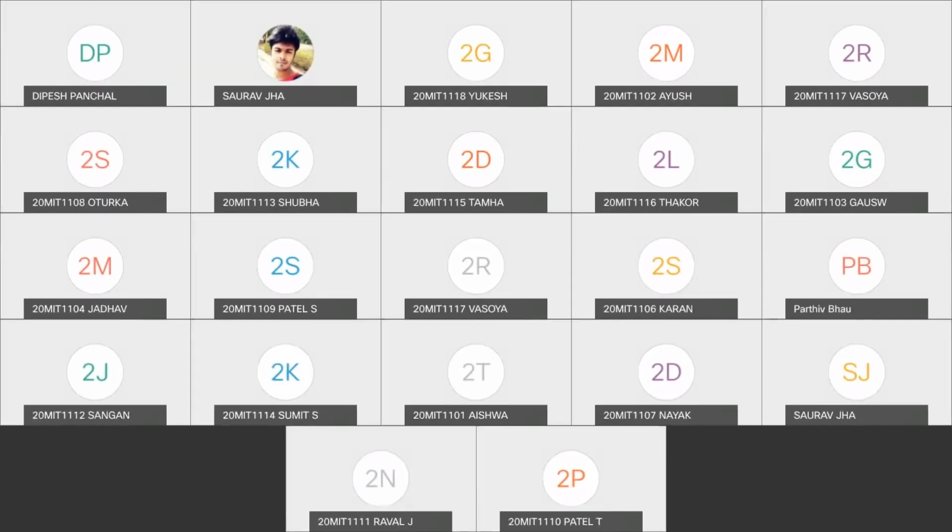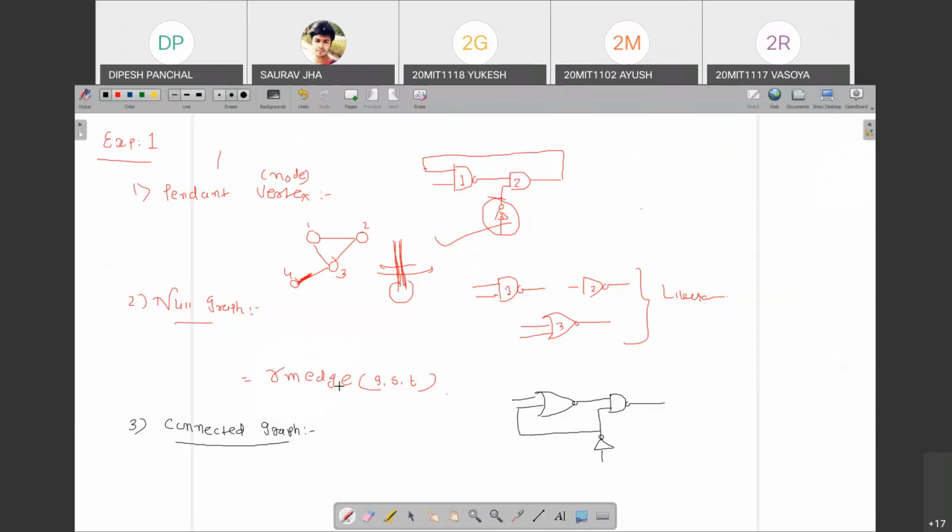So if there is a connected graph, a disconnected graph is also there. It's defined like this: a graph is a disconnected graph if it does not contain at least two connected nodes.